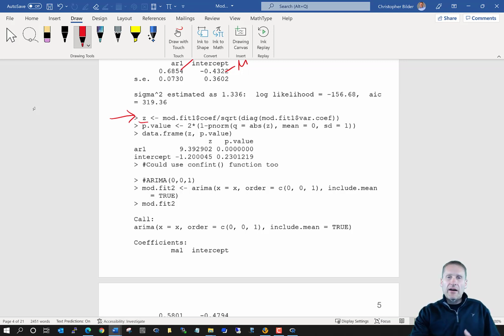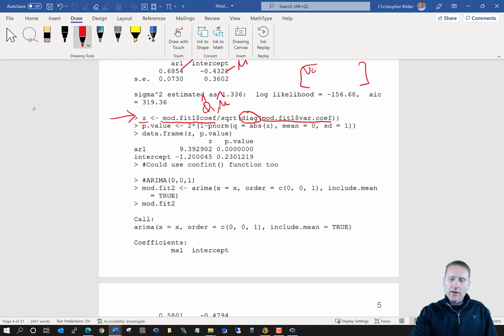So I have my test statistic z here. And I pull out the coef component of mod.fit1. This contains phi hat 1 and mu hat together. Then what I also do is I go to my estimated covariance matrix. I pull off the diagonal elements of that covariance matrix.